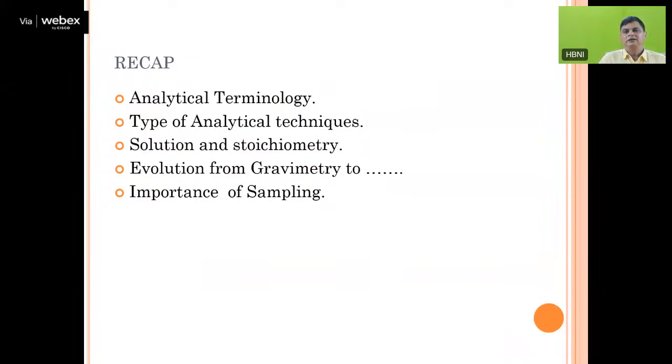The main benefit of the classical method of analysis is that it does not need a CRM, and the RSD, the relative standard deviation, is very low, less than 1%. Generally the RSD in absolute methods is about 0.5 to 1%.